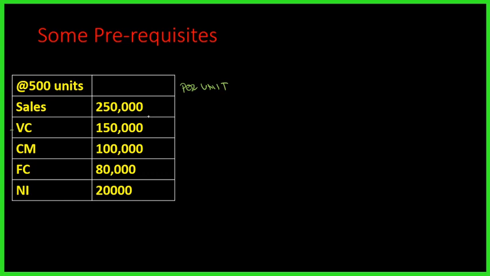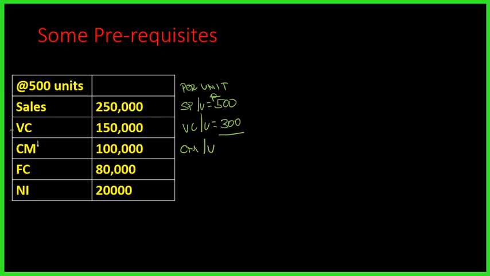So if this is your sales at 500, you can compute for your selling price per unit at 250 divided by 500, that will now be 500 pesos. Also, you can compute for your variable cost per unit, which is 150 divided by 500, you will get 300 pesos. And the difference of these two is known as the contribution margin per unit.